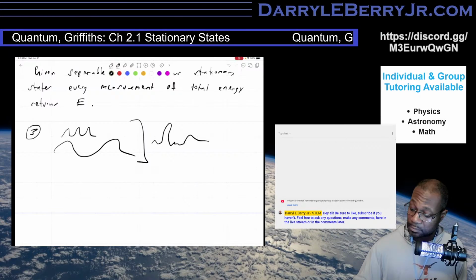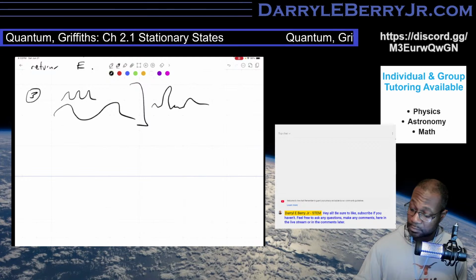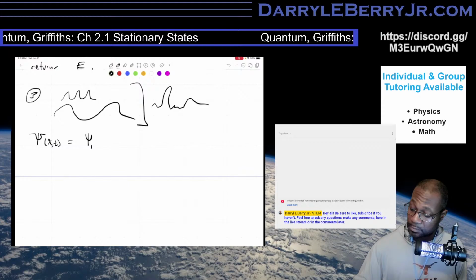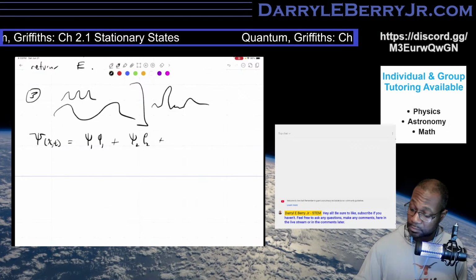So we can say that big psi of x and t is going to be a combination of psi one all the way to psi infinity.